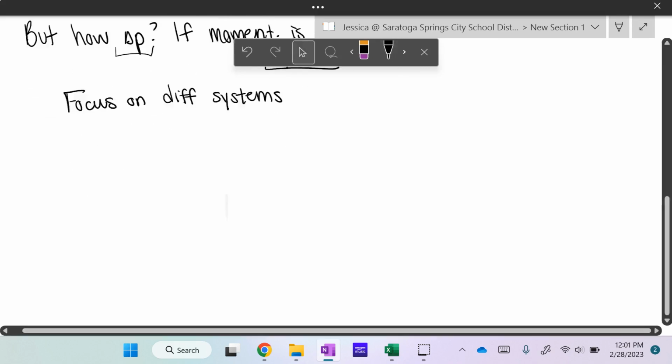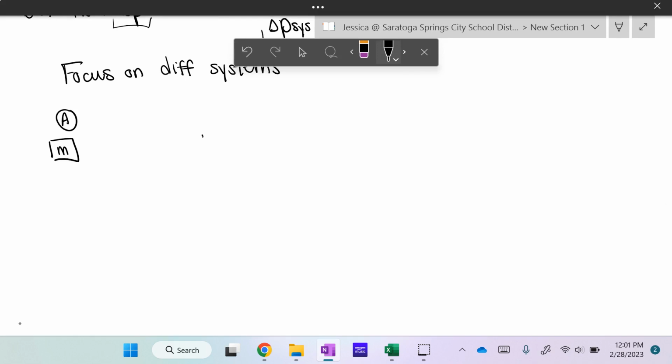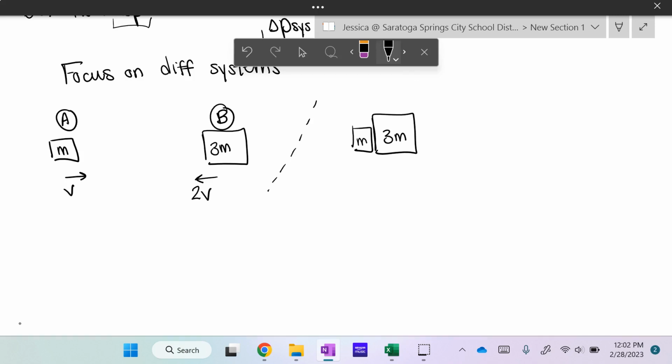Okay? So let's run through an example. Let's say we have two blocks, one of mass m, and I'm going to call that A, and one of mass 3m, we'll call that B, and they're going to be heading towards each other, m with a speed v and 3m with a speed 2v, and we're going to make them collide. Let's say that after the collision, we don't know how fast they're moving or in what direction.